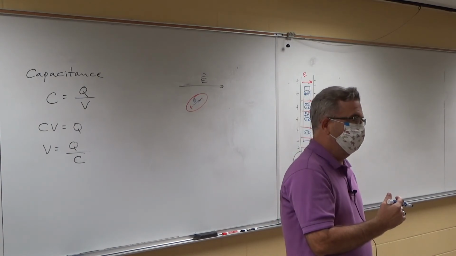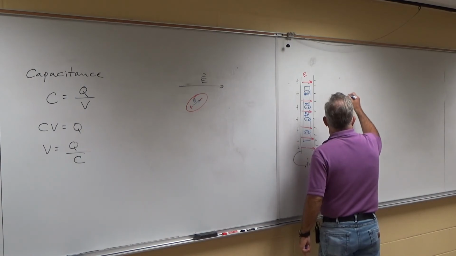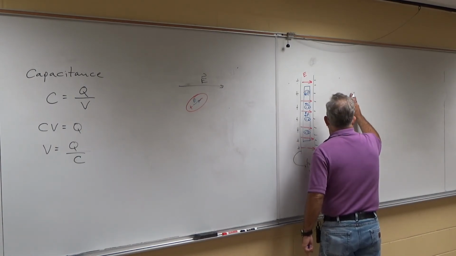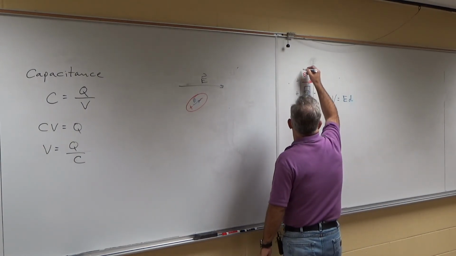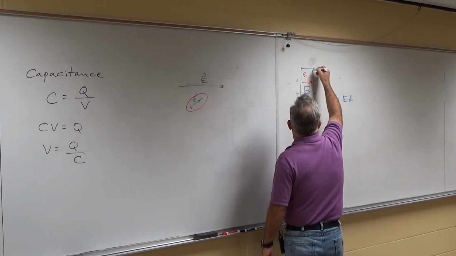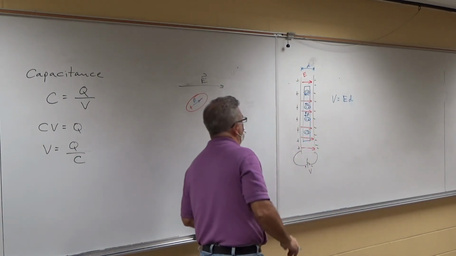So what happens is V is equal to E, not E sub D, but E times d, where d is the separation distance of the plates, since I'm talking about a parallel plate capacitor.